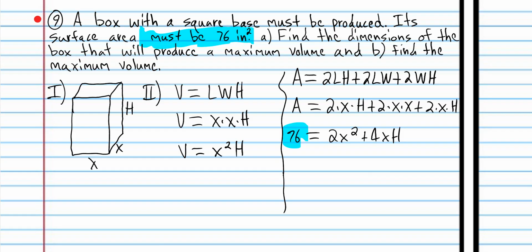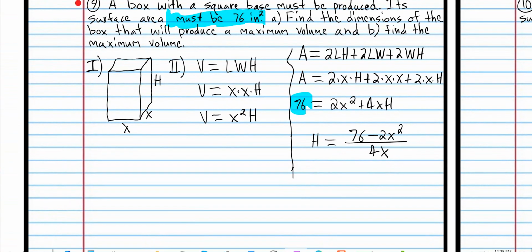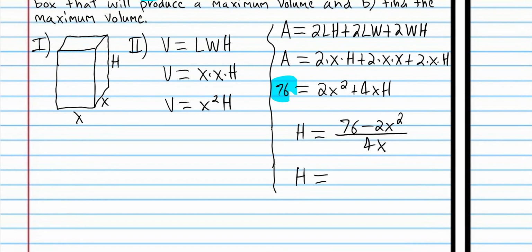And we're going to solve for h. So we have 76 minus 2x squared over 4x. You want to simplify that if you can. And so I think we can a little bit. I think I'm going to try to separate that into 2 fractions.